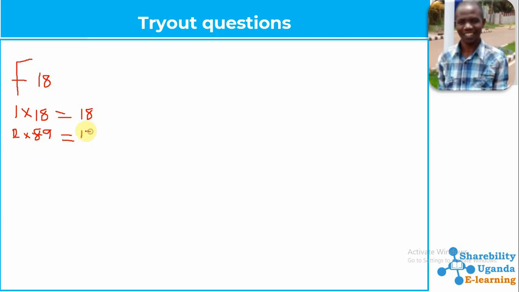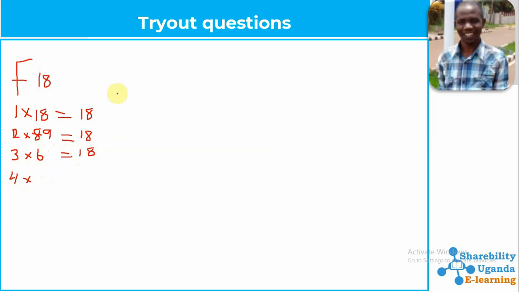Then with 3, which other number can we multiply by 3 and get 18? We have 6. So 3 times 6 gives us 18. If we try 4, is there any number we can multiply by 4 and get 18?